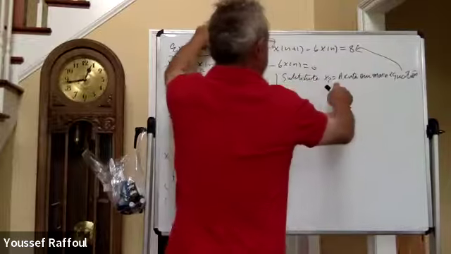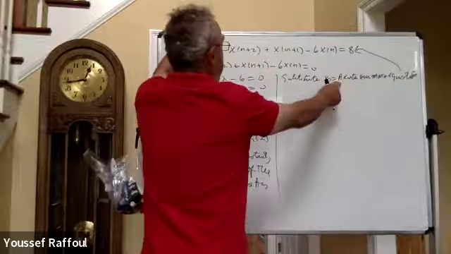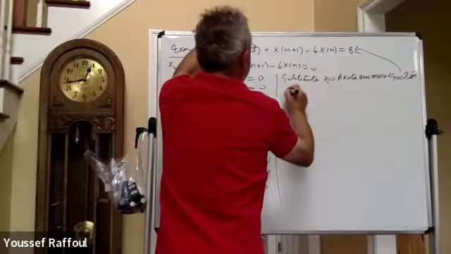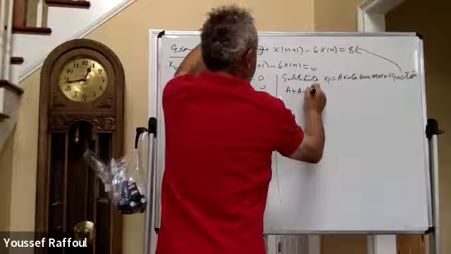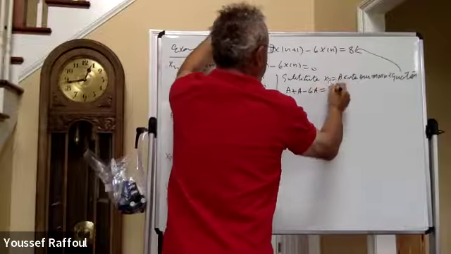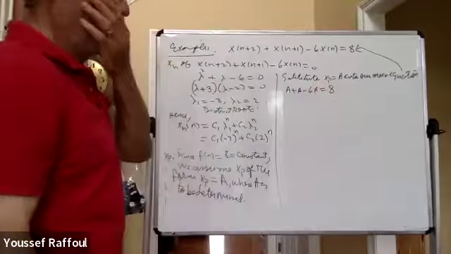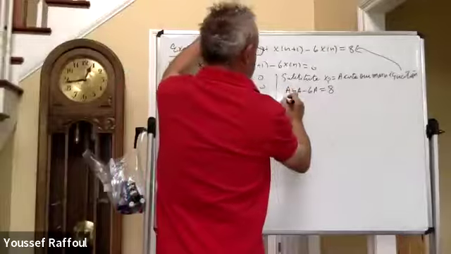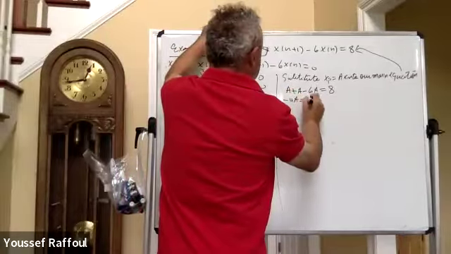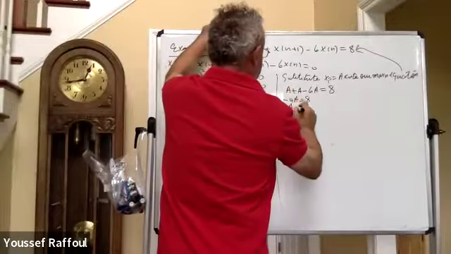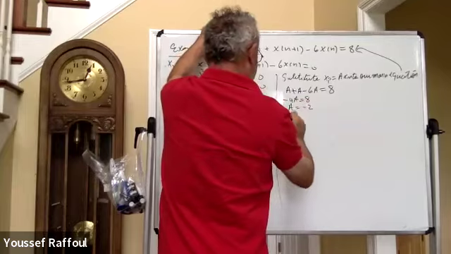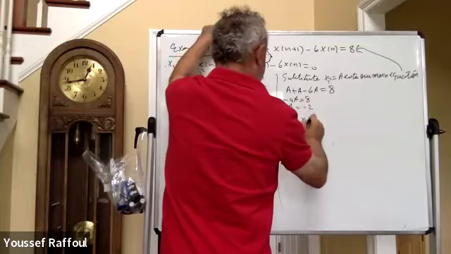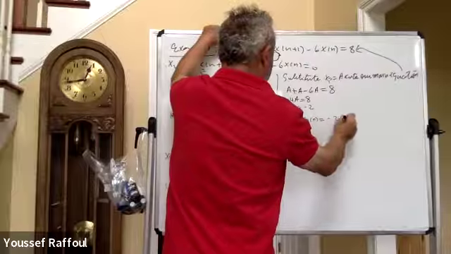Since x_p is a and does not depend on n, this is a plus a minus 6a equals 8, or minus 4a equals 8, so a is minus 2. Hence x_p of n is minus 2.